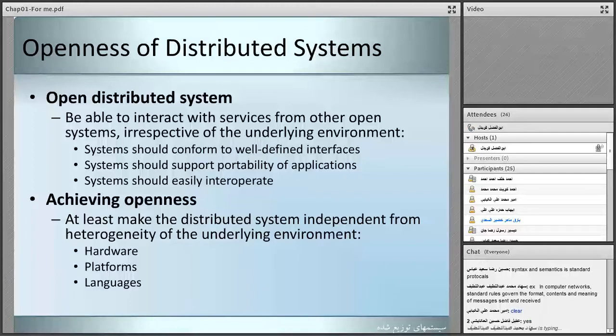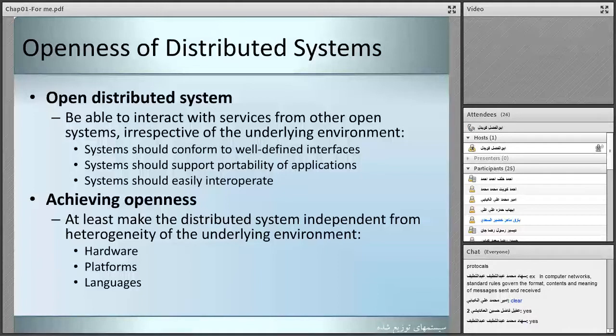Open systems are usually flexible and portable. What does portable mean? Portable means, for example, you are using an application in your system. If it is easy to run and execute your application in another operating system, then it is an open computer system, because it supports portability. And flexibility.